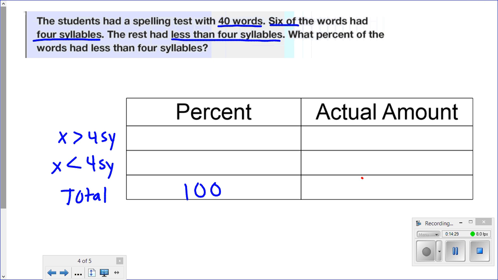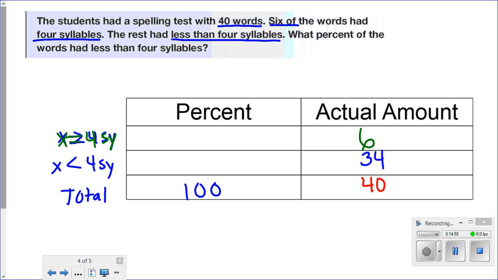So there was a total of 40 words on the spelling test. 6 of the words had 4 syllables. Oh, sorry. This would be an equal sign, not a greater than. So 6 of the words had 4 syllables. So X equals 4 syllables. There are 6 of them. That tells us that there were 34 that had less than 4 syllables.